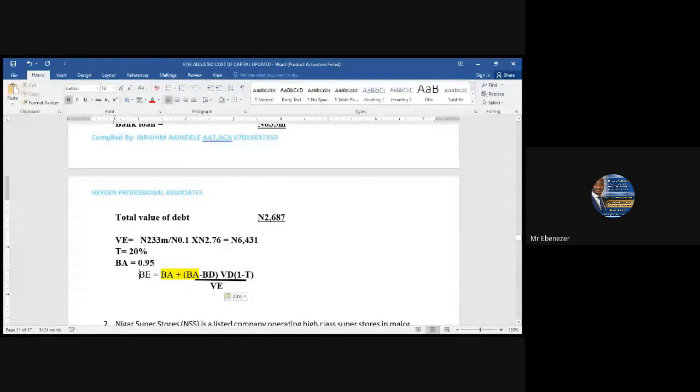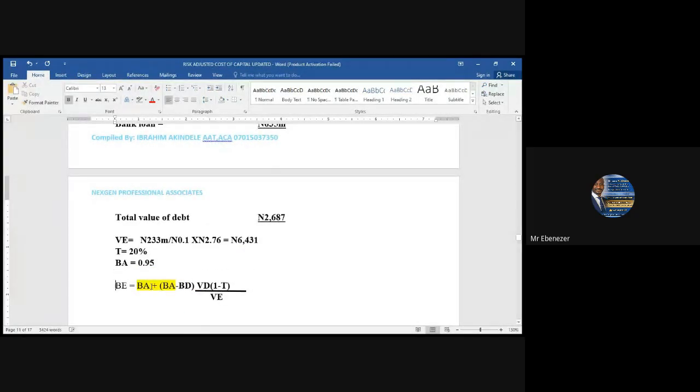Beta is 0.95. Beta debt is 0. Value of debts, total value of debts is 2687. The tax rate is 0.2.